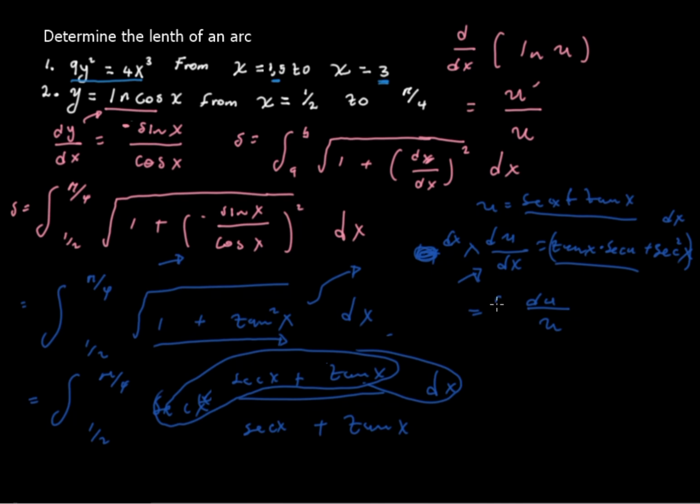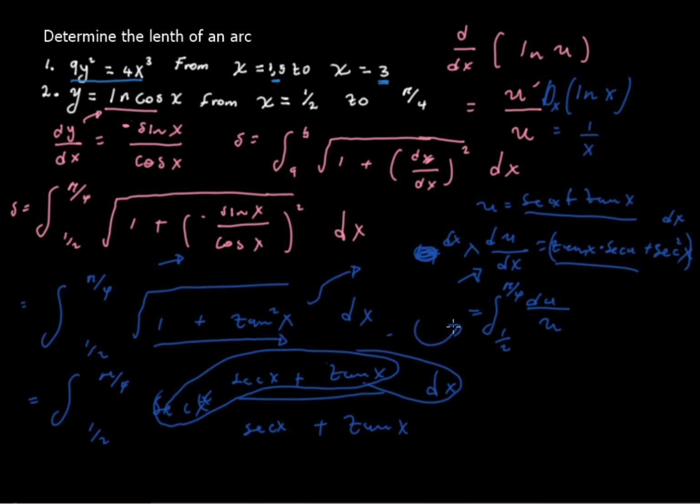So don't forget that you are integrating from 1 over 2 to pi over 4. You remember that during the lessons on derivatives of the natural log function, the derivative of ln x equals 1 over x.